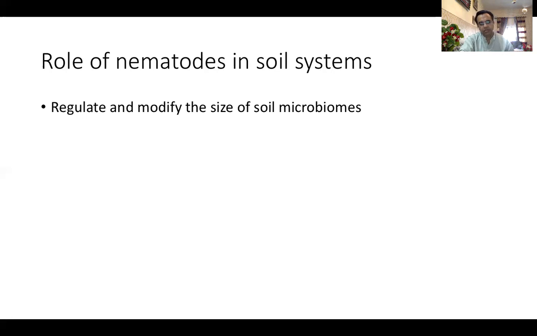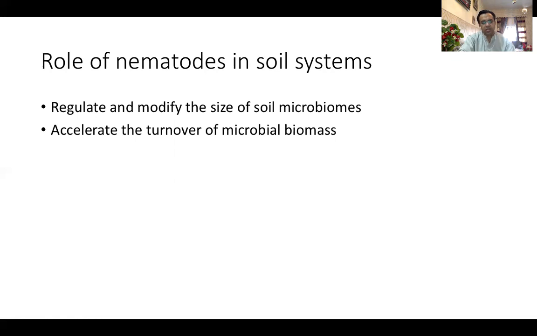So they have a role on regulation, and also they modify the size of soil microorganisms. And in this way, they accelerate the turnover of microbial biomass.